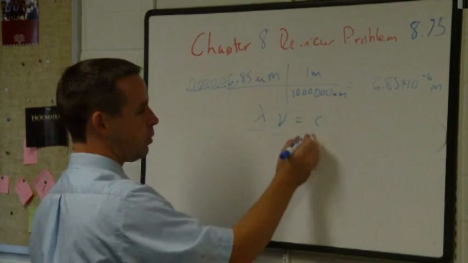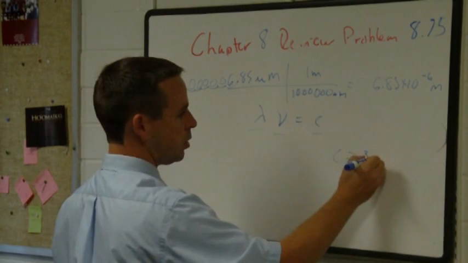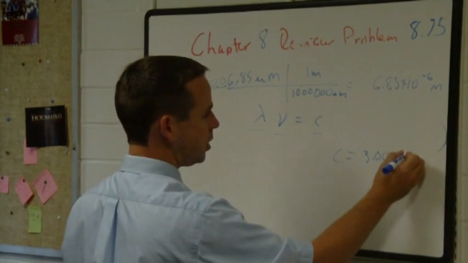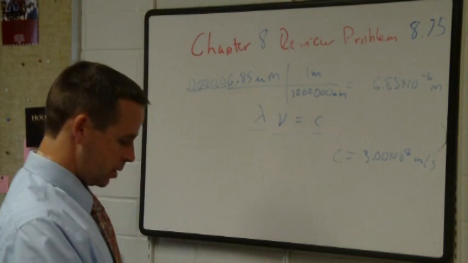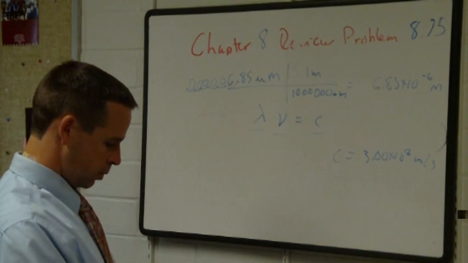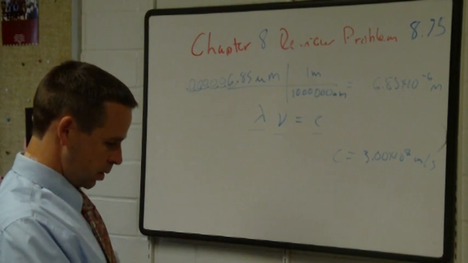Our frequency is what we're solving for. Again, c is 3.00 times 10 to the 8th meters per second.